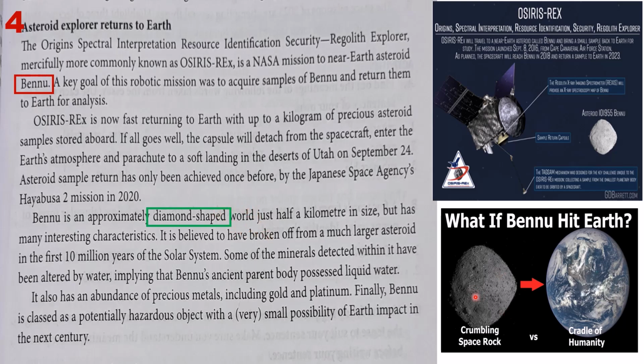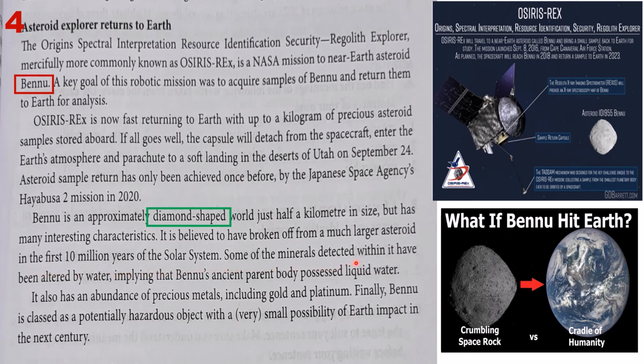So even Bennu is also made of rocks. That's why they are calling it a world. Earth is a world, and these asteroids could also be worlds. Just half a kilometer in size, but it has many interesting characteristics. It is believed to have broken off from a much larger asteroid. So there could be a mother asteroid from which it broke off in the first 10 million years of the solar system.